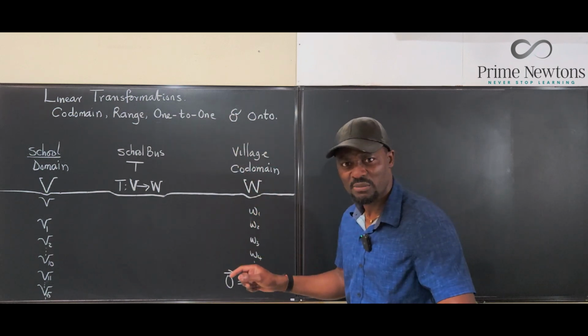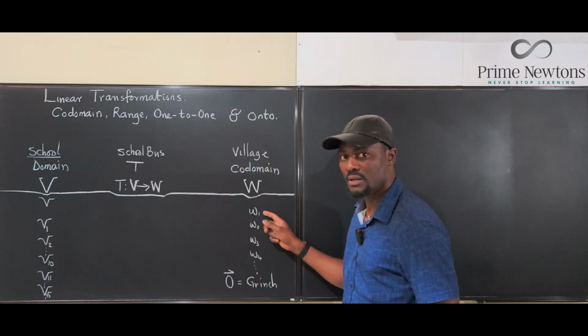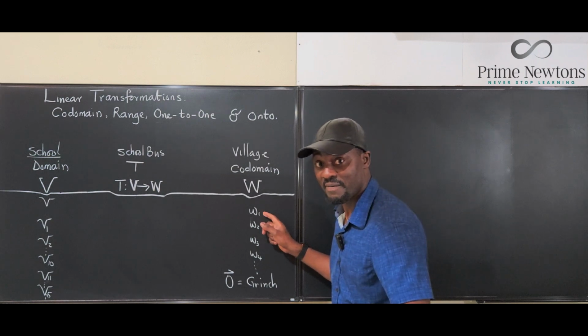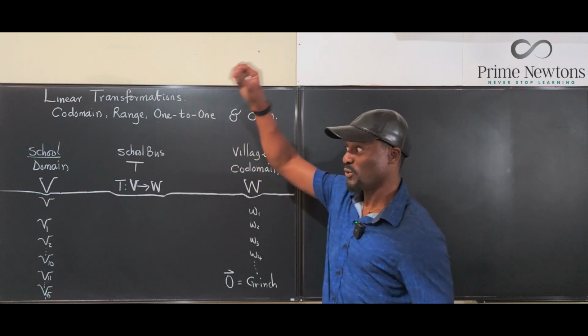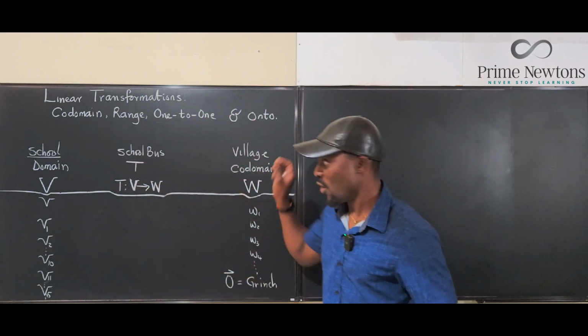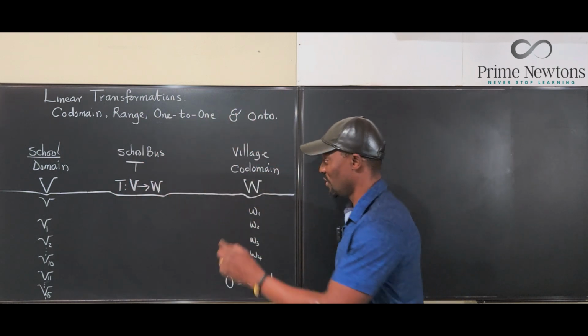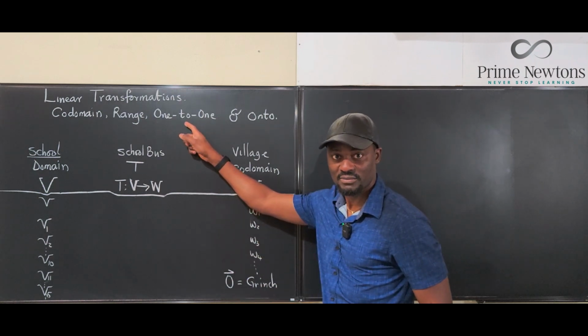So, is it possible that you have two different kids go to the same mother? Yes. In fact, that happens often. But that's not a 1-to-1 function because one child must go to one mother, one child to one mother. You cannot have two children going to the same mother. If that happens, it is not a 1-to-1 function.